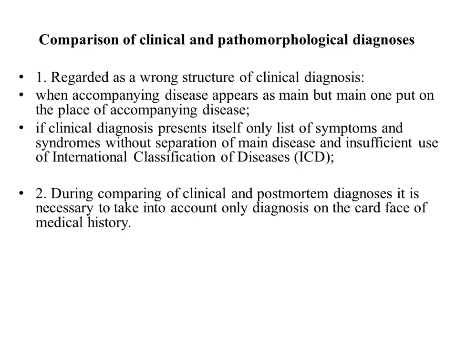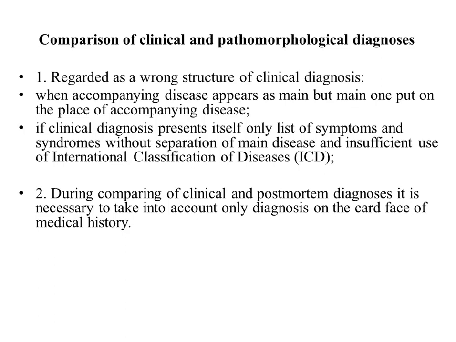For the first position, when the accompanying disease is put as main, it means that the clinical doctors decided that the main disease is stomach ulcer, but the patient died because of myocardial infarction. It's possible. If the clinical diagnosis presents the list of symptoms, it means that we have no nosological unit and no normal fixation in the international classification of diseases.